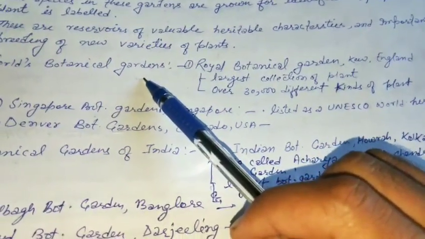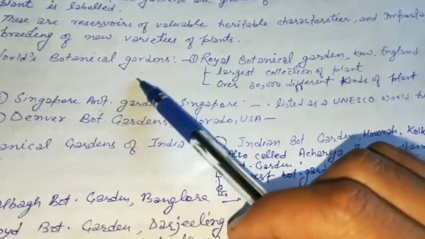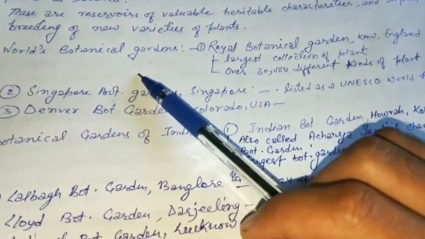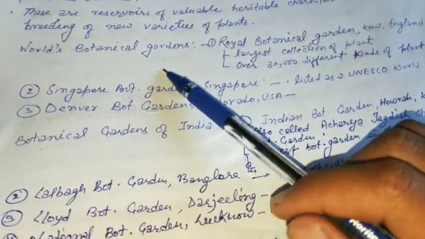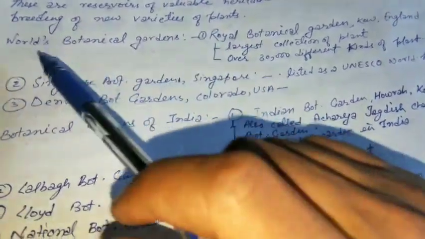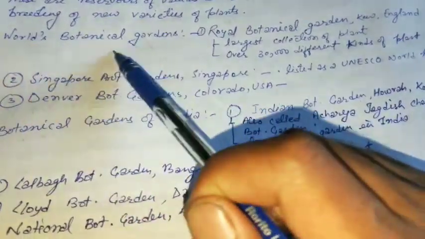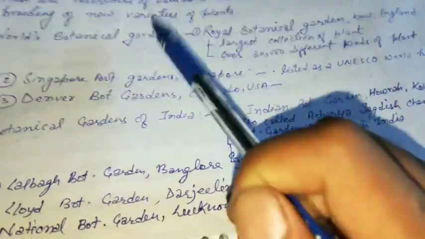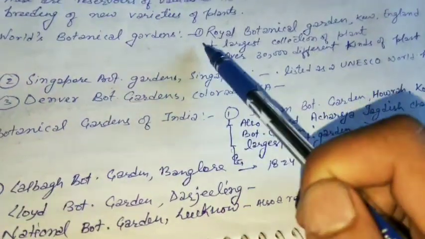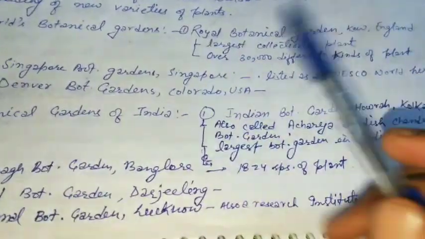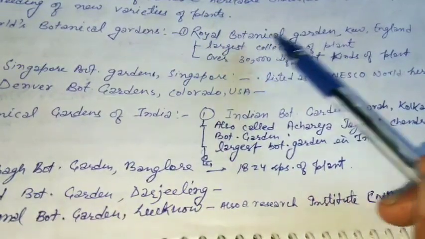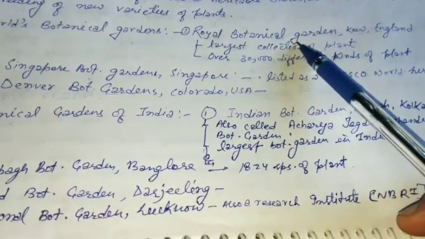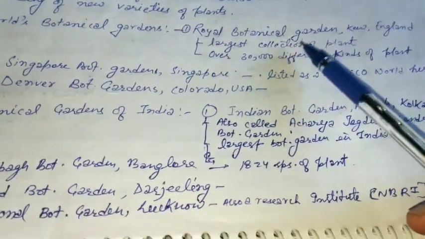Now let us talk about some of the major botanical gardens of our country as well as of the world. First, some of the world's botanical gardens. The first one is the Royal Botanical Garden, which is the oldest botanical garden known.